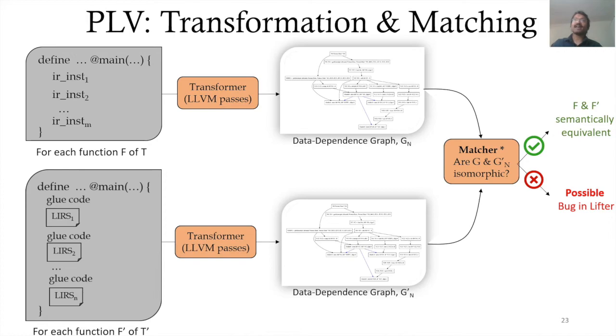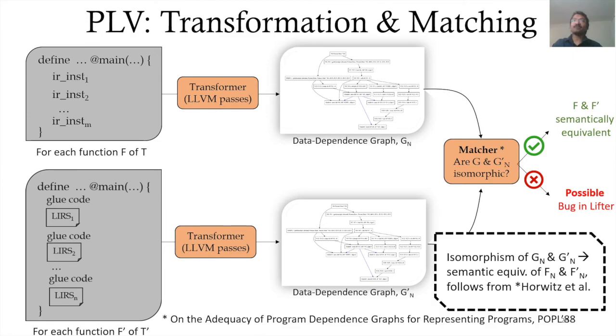The reason that we can have false alarms is because it is quite possible that the LLVM optimization passes are not effective to reduce the otherwise semantically equivalent functions to isomorphic graphs. We note that our argument about isomorphism of data dependence graph implying semantic equivalence of the functions f and f bar is based on the pioneering work by Horwitz et al., which proved that if the program dependence graph of the two programs are isomorphic, then the programs are semantically equivalent.